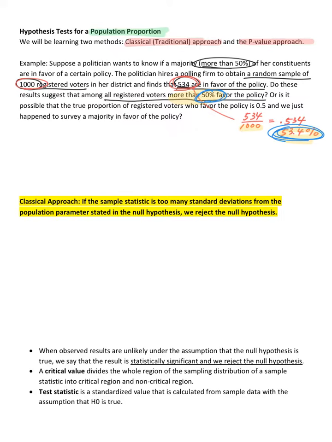Okay, so these are our hypotheses. H0 is the proportion is 50%, so p equals 0.5. And what we're trying to get evidence for is that the proportion is more than 50%. So more than 50% of her constituents are in favor of a certain policy.